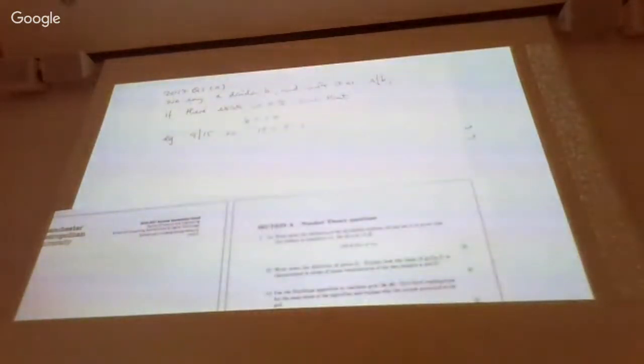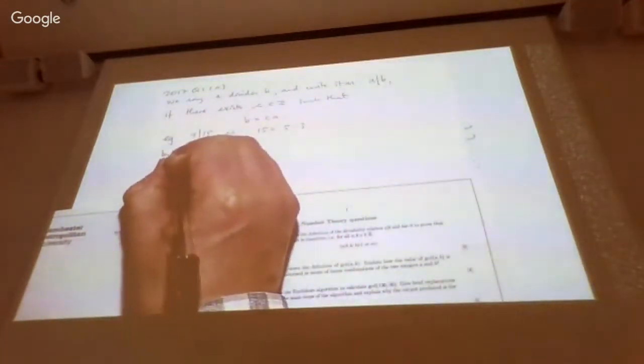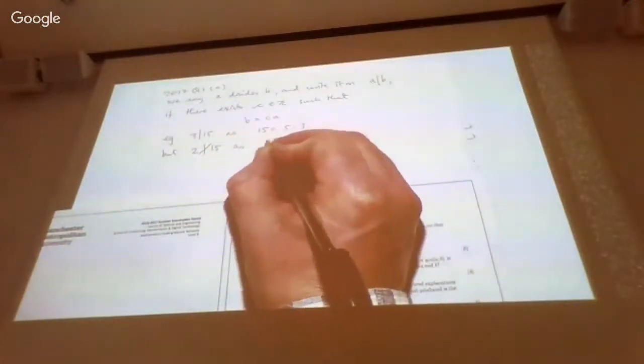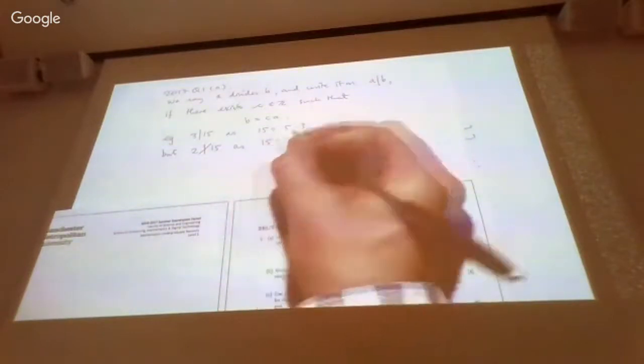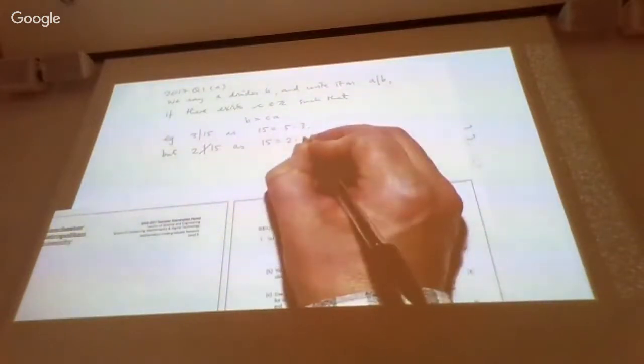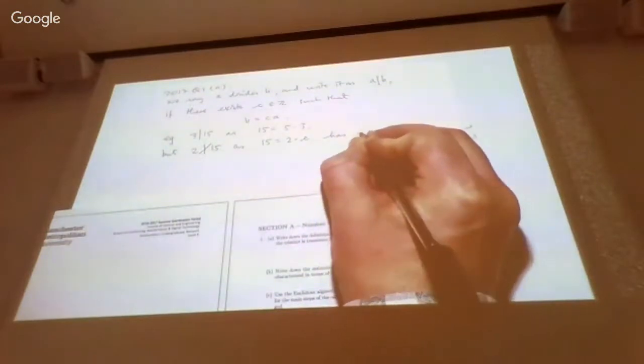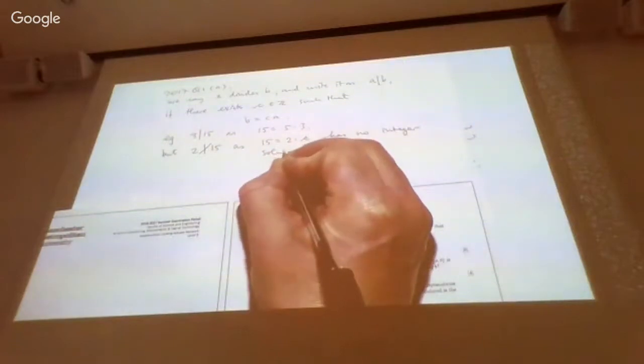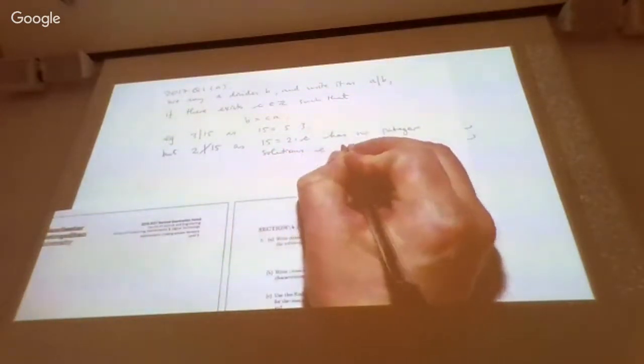For completeness, just to hit everything, I'd give a negative example as well. 2 does not divide 15 as 15 equal to 2 times C has no integer solution C. That's pretty much everything in the definition of divisibility.